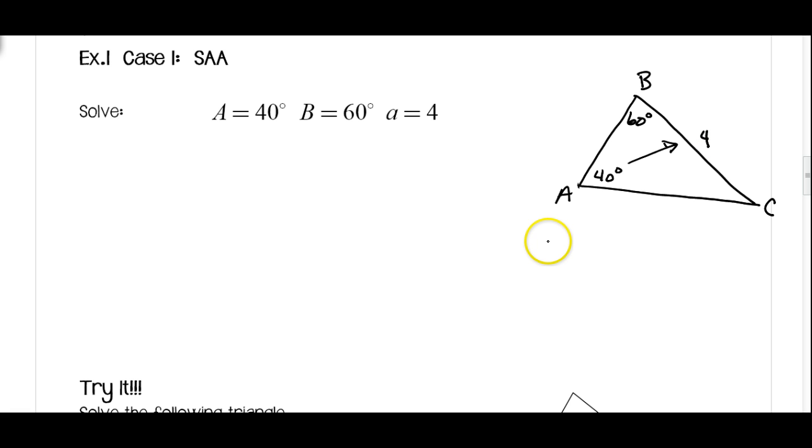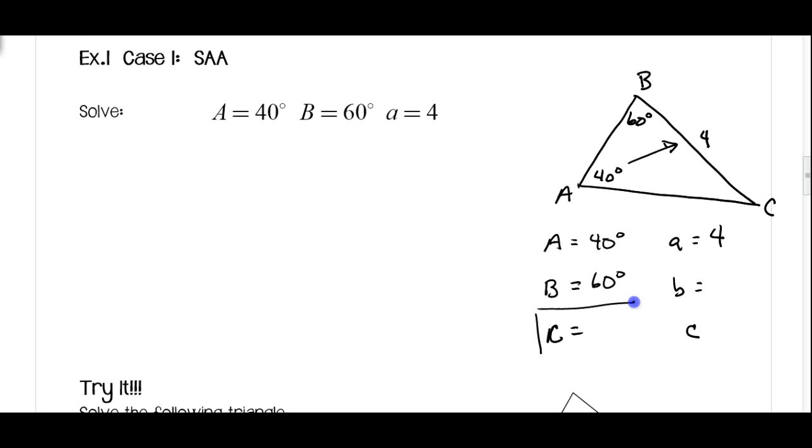And then what I do is I usually make myself a little table of the 3 angles and the 3 sides. And I'll fill in what I know. I know this is 40 degrees, I know this is 60 degrees, and I know this is 4. So then I know that I'm looking for these 3 pieces of information.